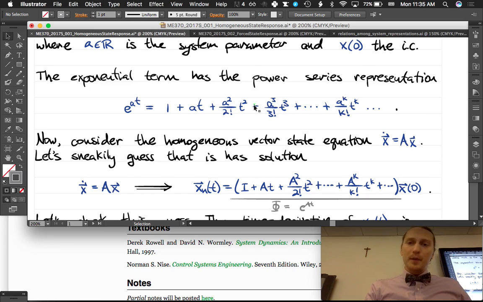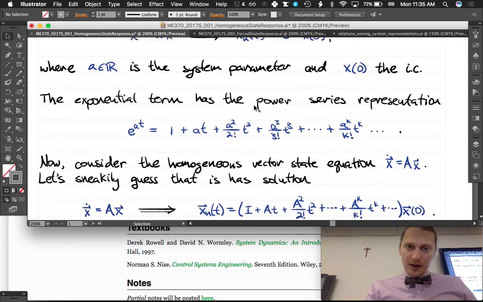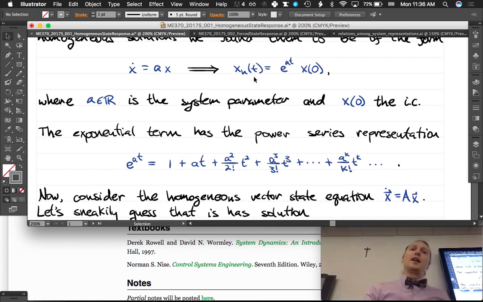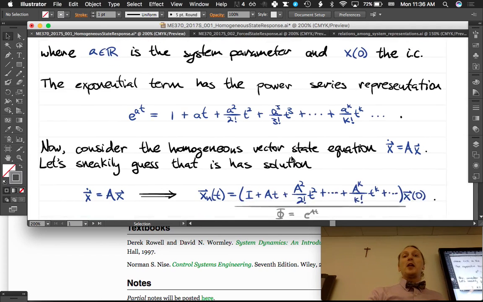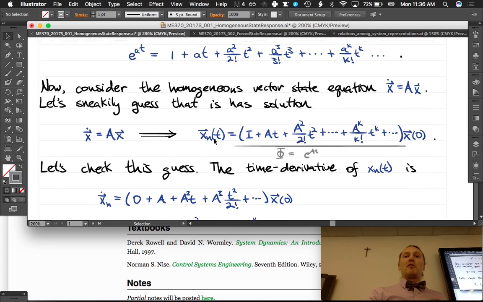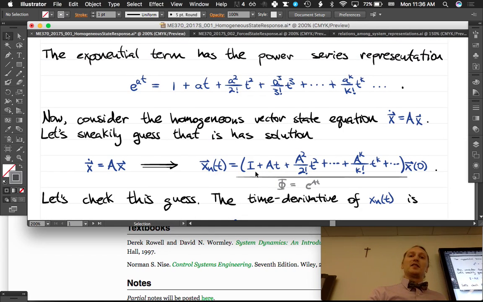So up here, can't quite get it on the same screen. Up here we had x homogeneous being e to the at times x of 0, right? So we're saying maybe in this matrix case, if we say this is sort of like e to the at, but like for vectors, times the initial condition.